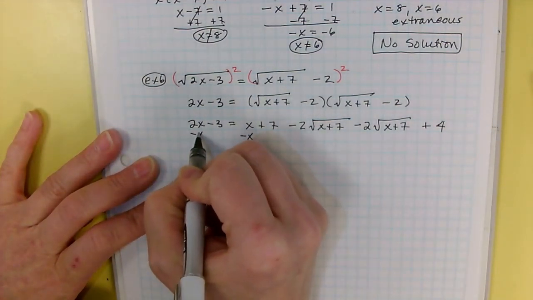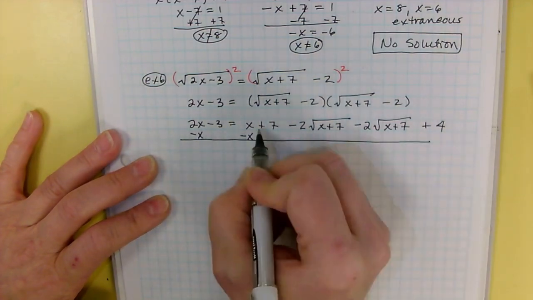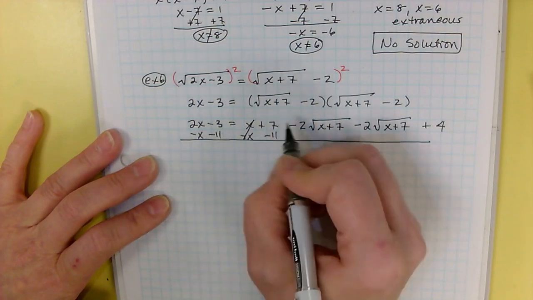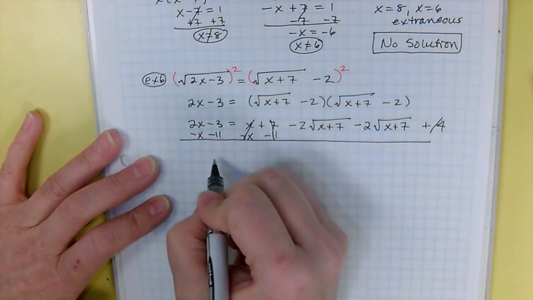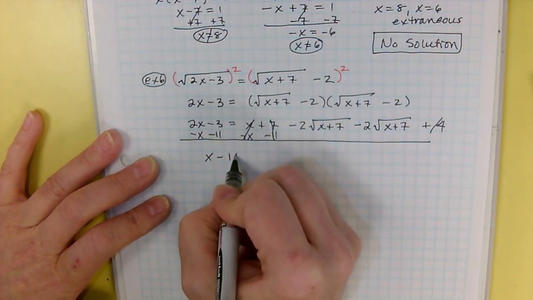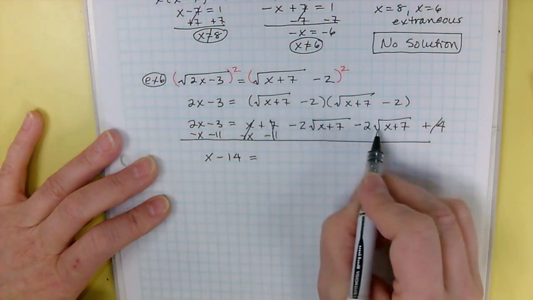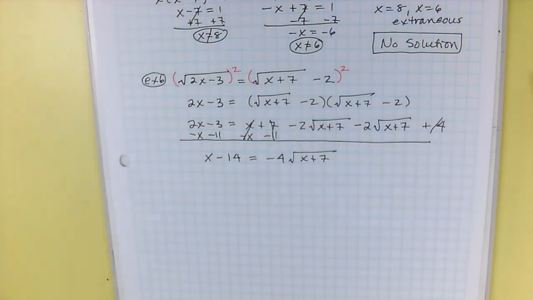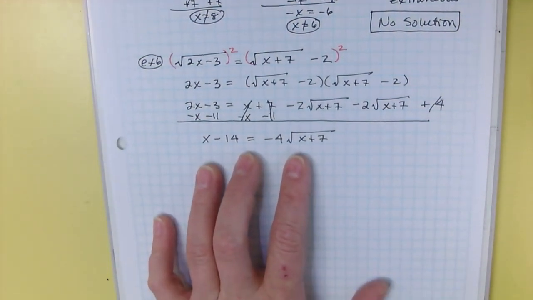So let's clean this up a little bit. I can subtract x over to the left. 7 plus 4 is 11, so I'm going to subtract 11 over to the left. So I get x minus 14 equals, and when you add these two, you get negative 4 radical x plus 7. All right, we have the radical term isolated.